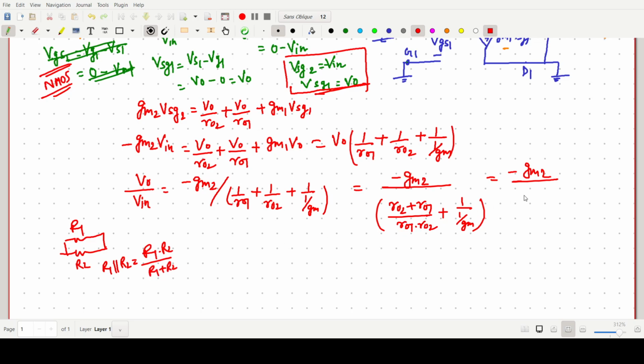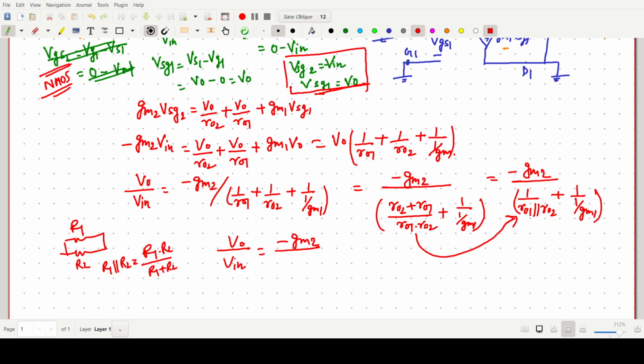So it may be written as 1 by R naught 1 parallel with R naught 2 plus 1 upon gm. We can write this one. Again I am writing V naught by V in equals minus gm2, and this all will be 1. Make it 1.